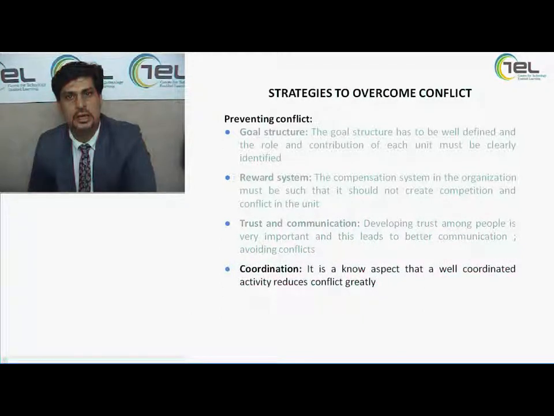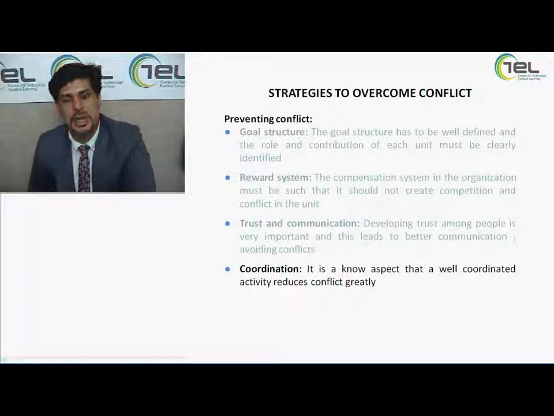The fourth thing an organization can do is to coordinate. It is a known aspect that a well-coordinated activity reduces conflicts greatly. If the organization puts its functions and tasks in proper coordination, it is bound to have fewer conflicts arising.